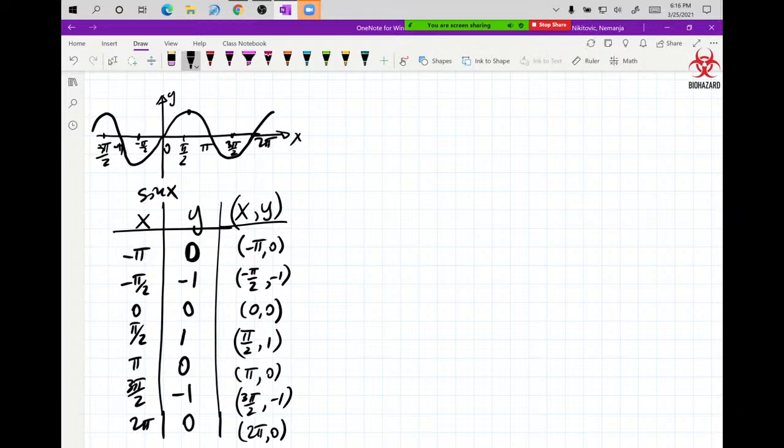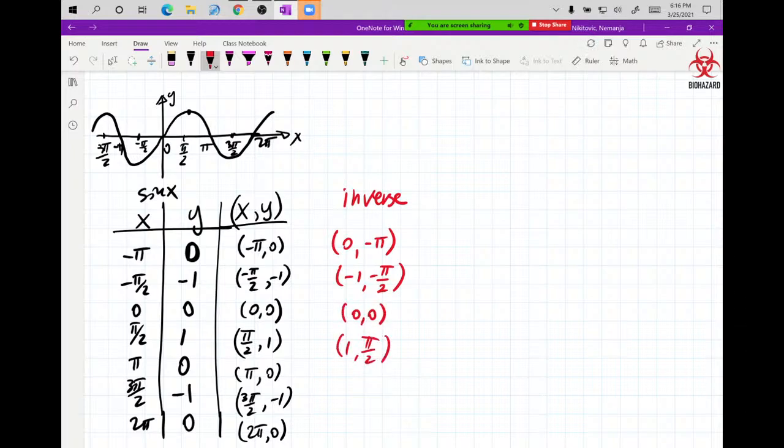So now, inverse. Take these points and flip them, because that's what the inverse does. Replaces domain and range. Well, 0, 0 you can't really flip. And now what you hopefully see is that you have all of these pi values on the y-axis instead of having them on the x-axis.